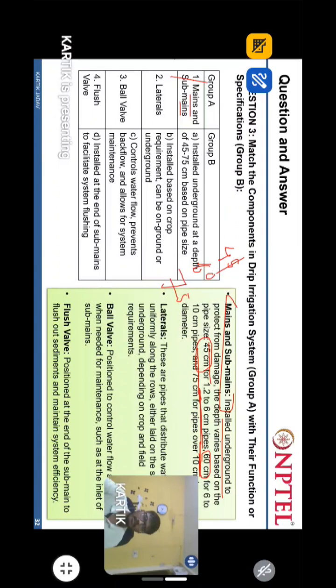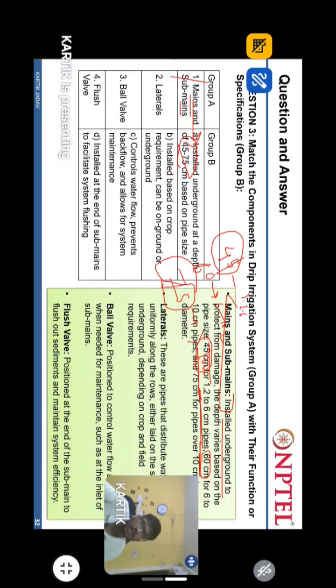So for 45, the diameter is 1.2 to 6, and 60 centimeter, 6 to 10 centimeter diameter, and 75 centimeter depth, means 0.75 meter depth, if the diameter of pipe is above 10 centimeter. So which option is correct here? Installed underground at a depth of 45 to 75 centimeter based on pipe diameter or pipe size. Option A is correct.